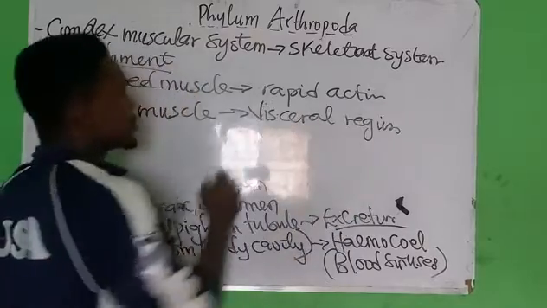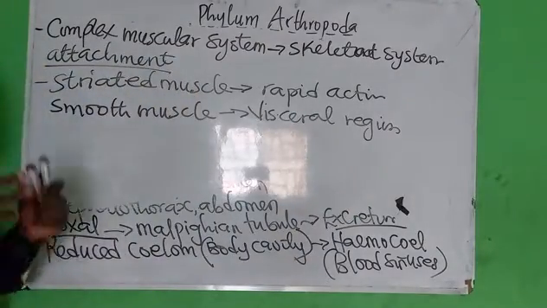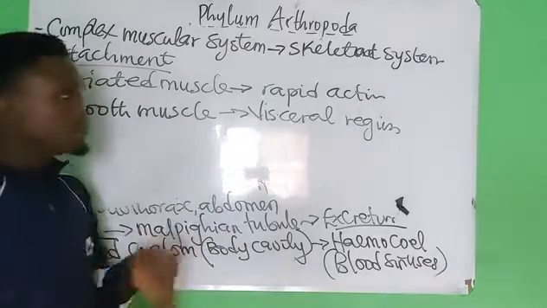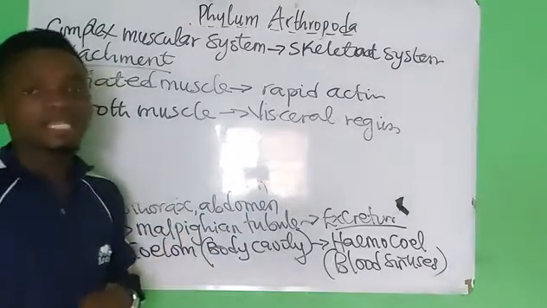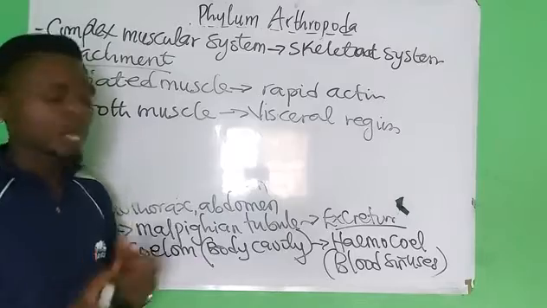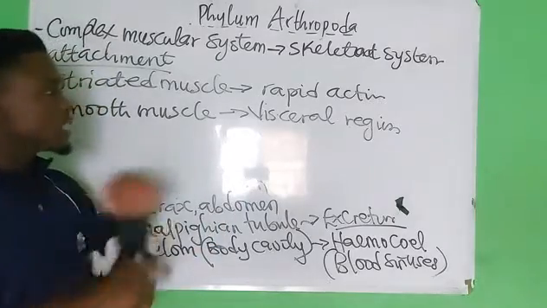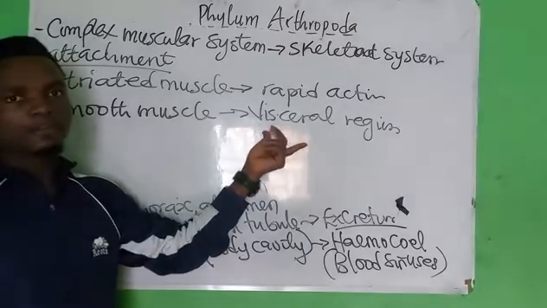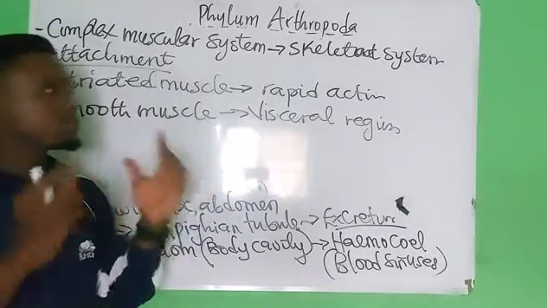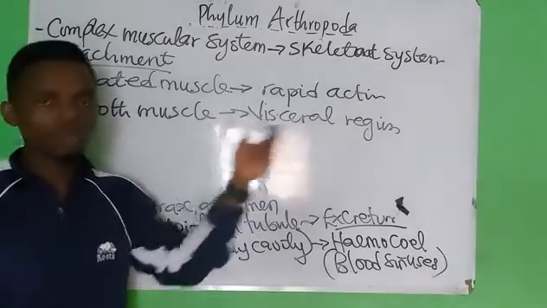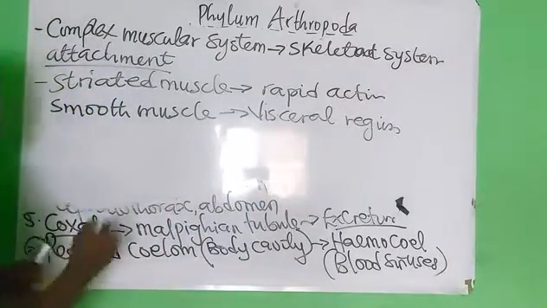Now, the visceral region of this organism is that part where you have respiratory organ, digestive organ, reproductive organ, circulatory organ, nervous system, alright? So that is more of visceral. All these organs mentioned so far are situated in the visceral region. So please take note of that.